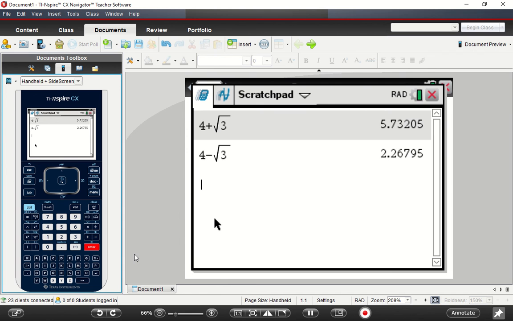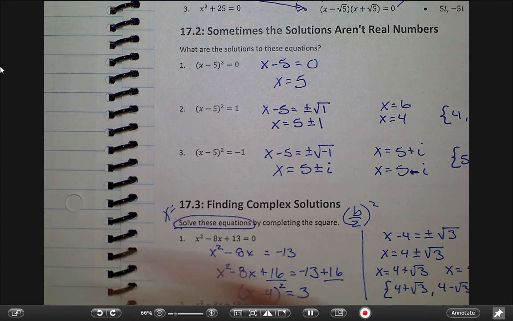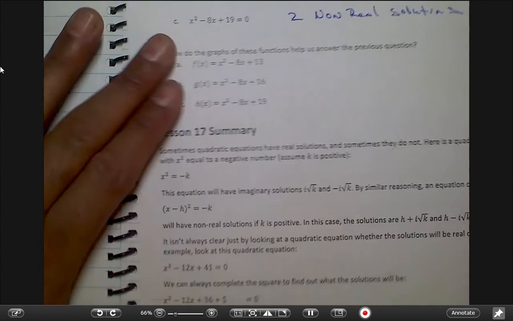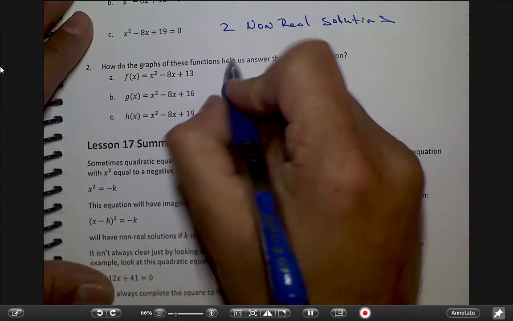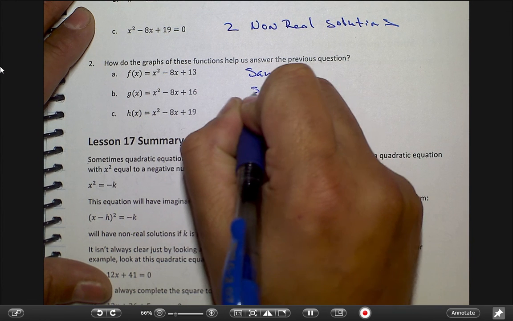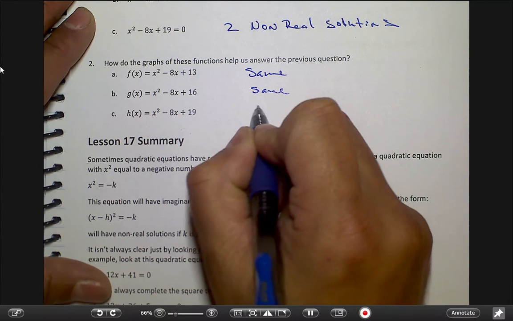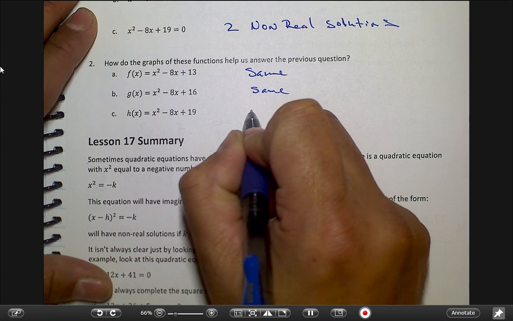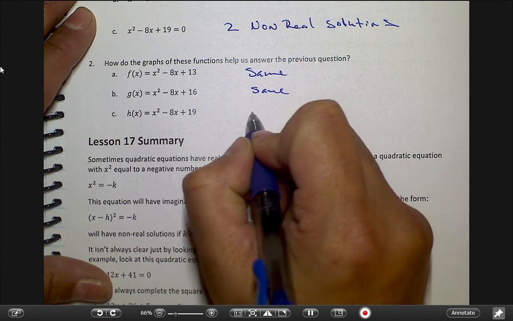But they are the same answers. Now, the one thing that we did not get correctly, so this one right here is the same. This one's going to be the same. This one, what was wrong with this?